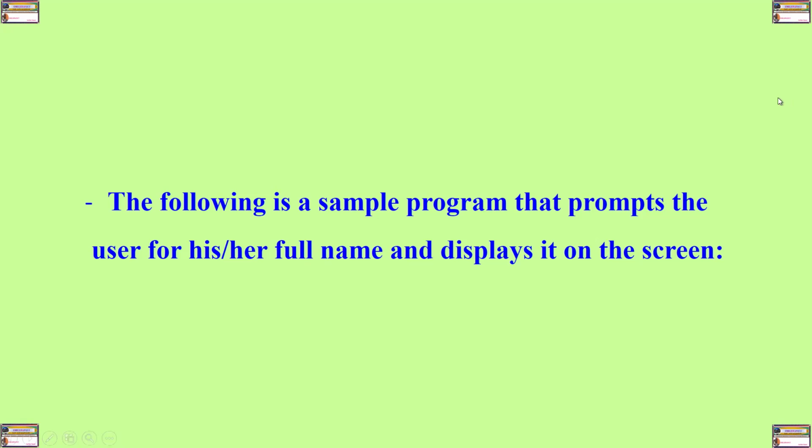So my dear students and the rest of the learners, we have been able to see how to write a program that prompts the user for his or her full name and displays it on the screen. So that's a nice demonstration on how you write input statements and output statements within your Java program.